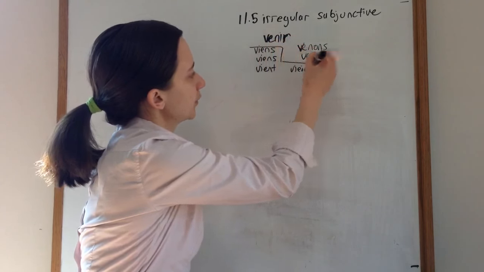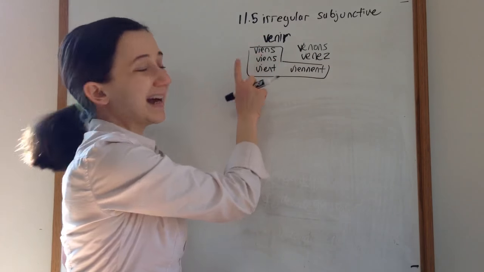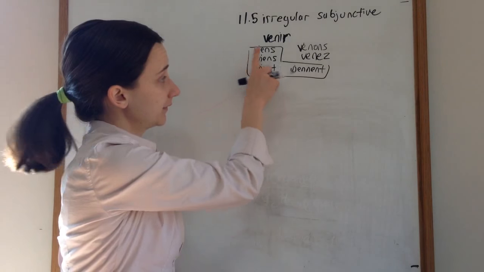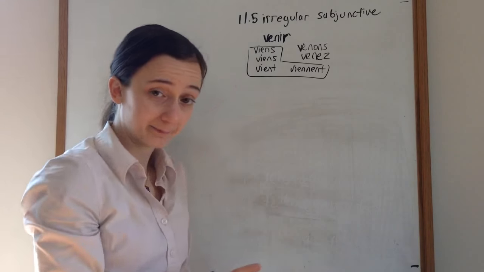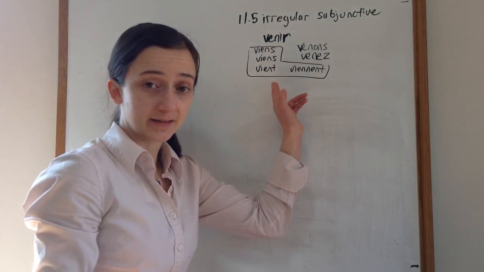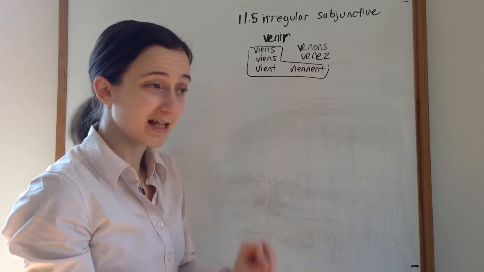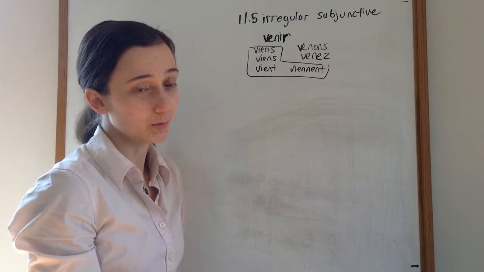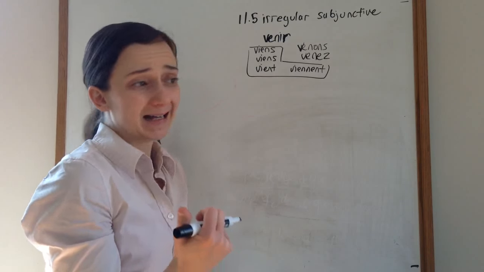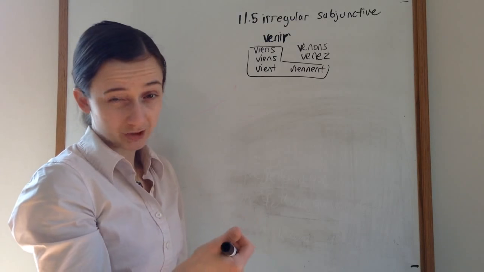So we have this boot pattern with our VIE in it. Vient, vient, vient, viennent. So that's the present indicative. We're working in the present subjunctive, same tense, different mood. We're talking about doubts, hopes, obligations, wishes.